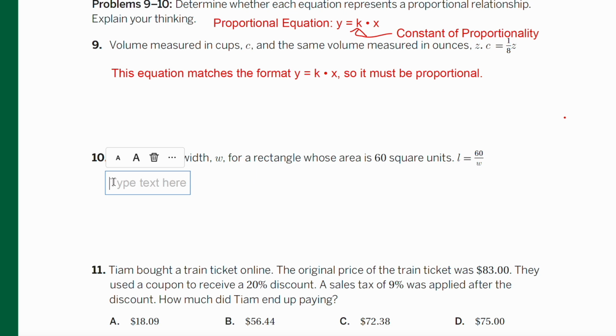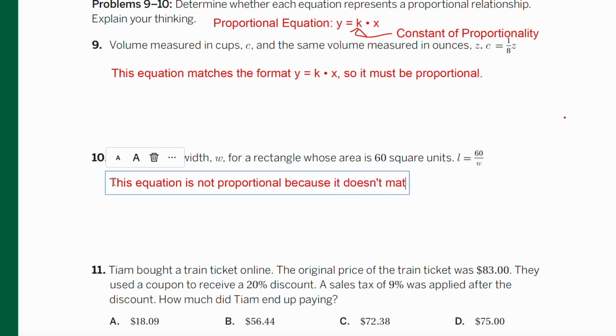This one would be y equals k divided by x. So since it doesn't match the format, this one is not going to be proportional. So this equation is not proportional because it doesn't match the format y equals k times x.